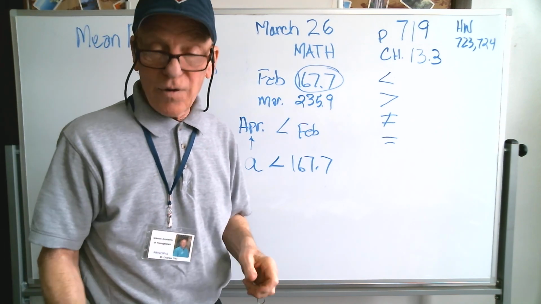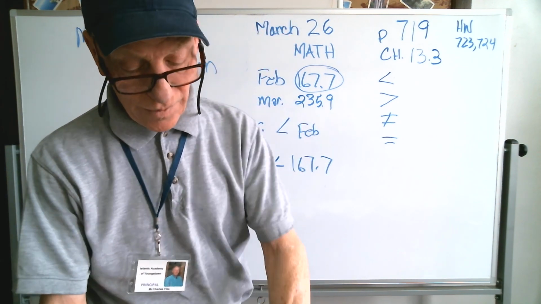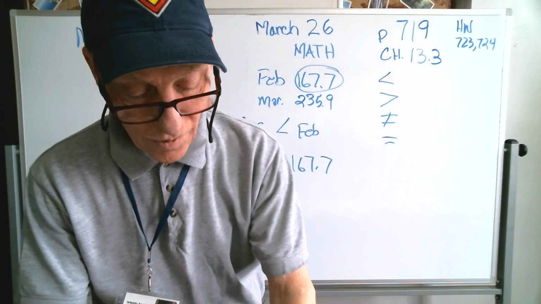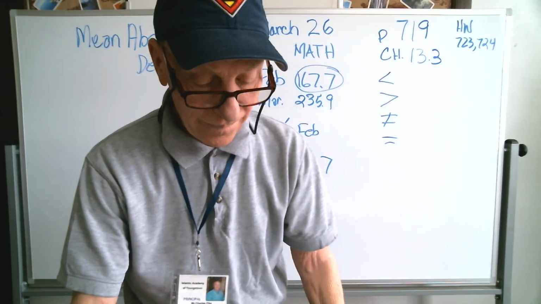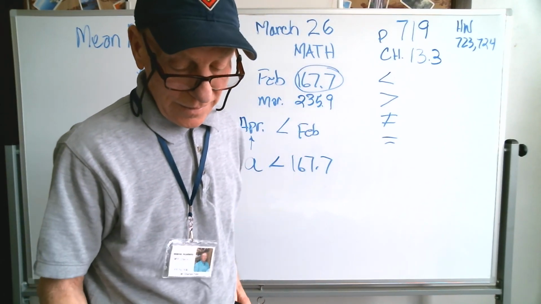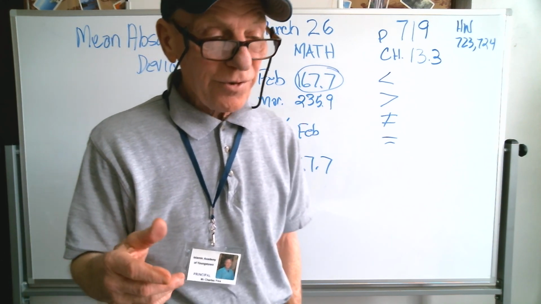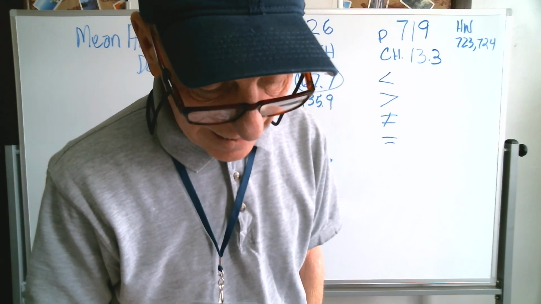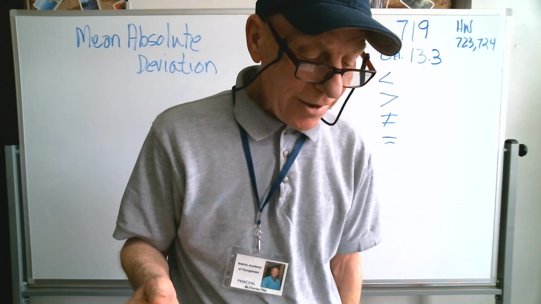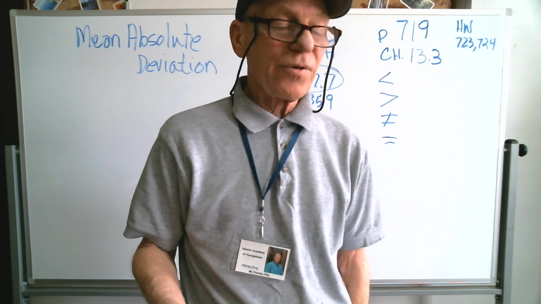All right, go ahead and tackle that stuff, wrestle around with it, work through your homework on 723 and 24, and then tomorrow we'll take a look at measures of variability. How can you summarize a data set by using range, interquartile range, and the mean absolute deviation?